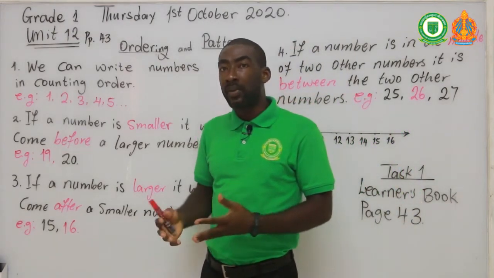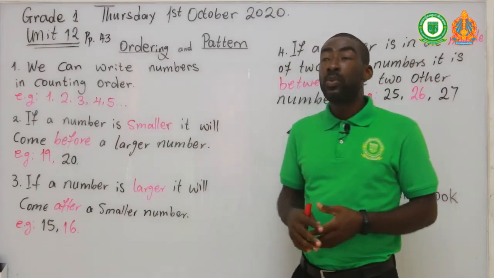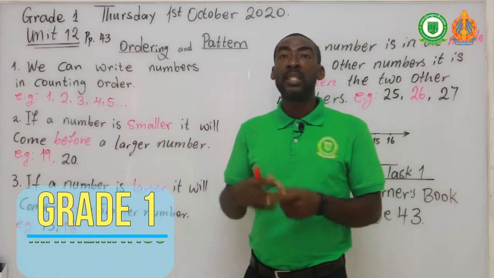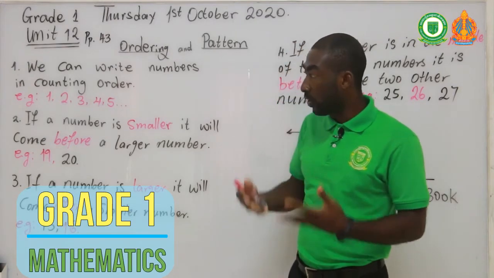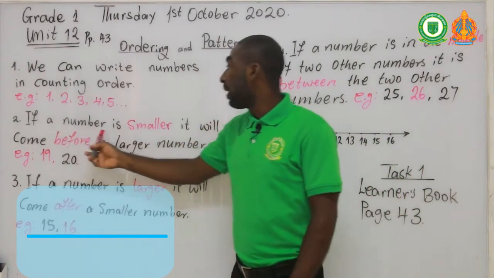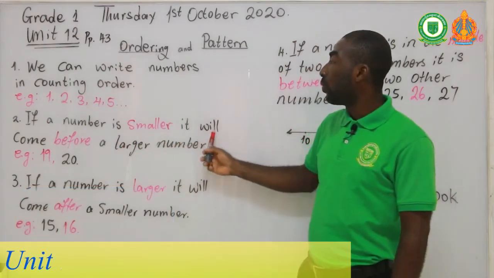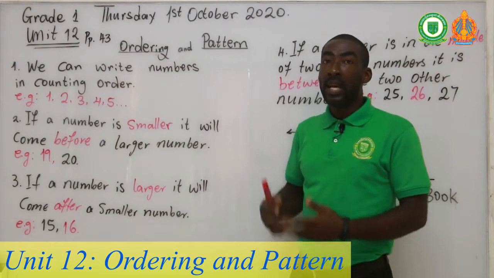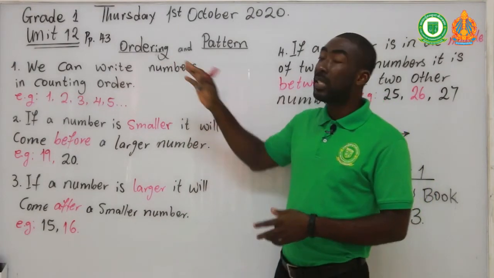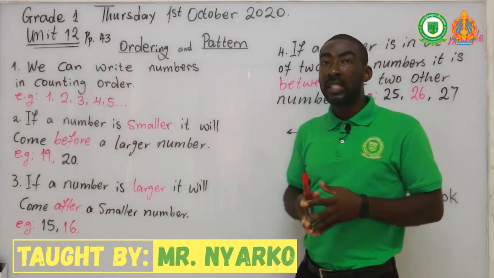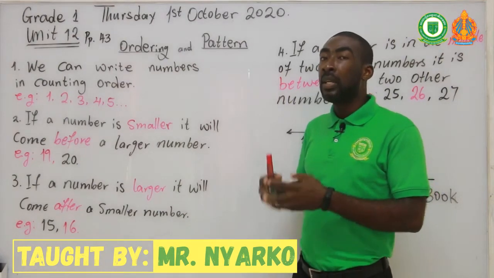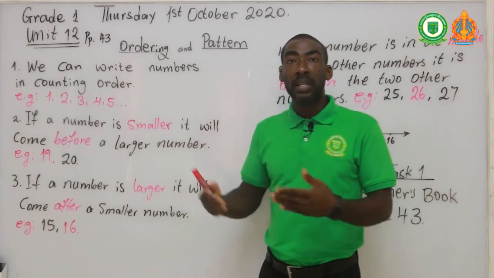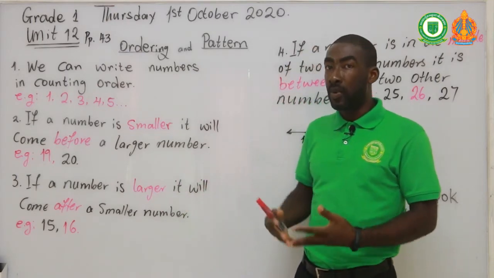Besides our normal counting, we can also do our ordering by starting with the smallest, okay? We start with the smallest. So if a number is smaller, it will come before a larger number. That means when you are putting your numbers in order and you are starting from the smallest one, you will write the smaller ones before you write the larger ones, okay?